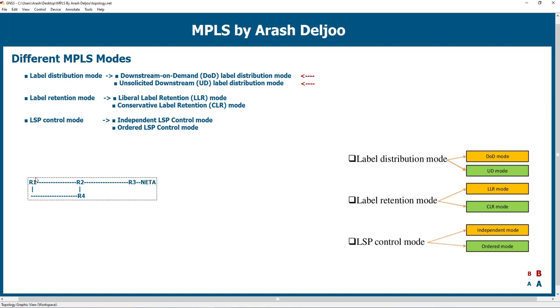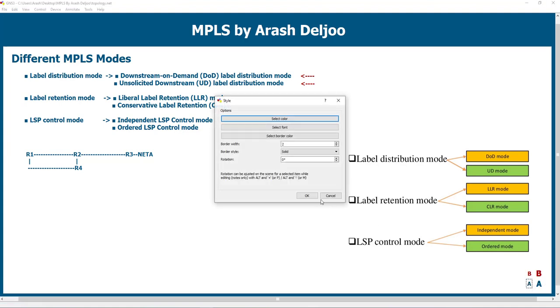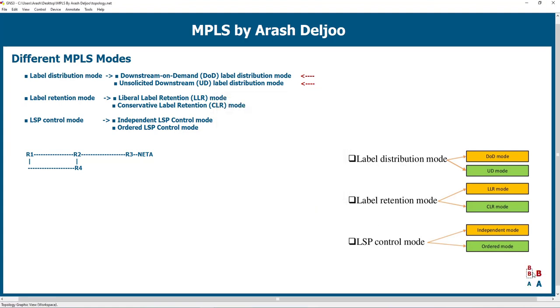You know that by default every router should generate a label for net A with LDP. For example, in R3 I write the labels. First I start with R1.